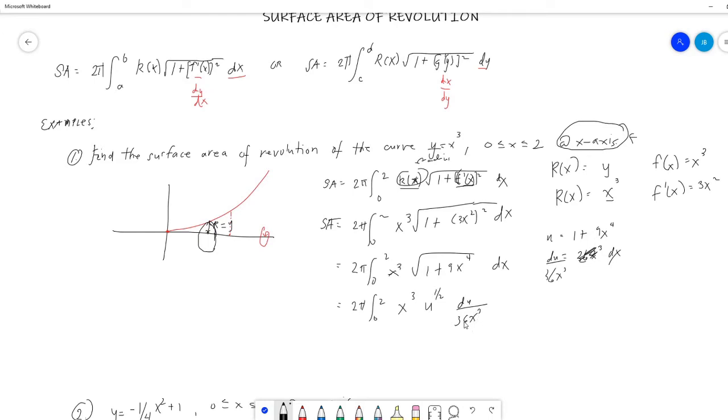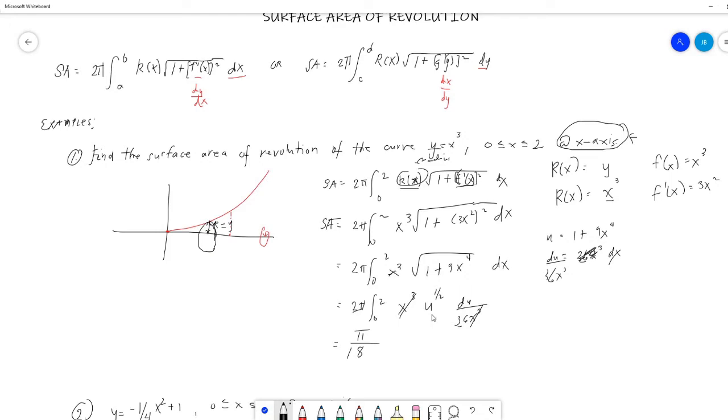Then x cubed and x cubed will be cancelled out. And then 36 will be outside, as it is a constant. So 2 pi over 36, that is pi over 18.